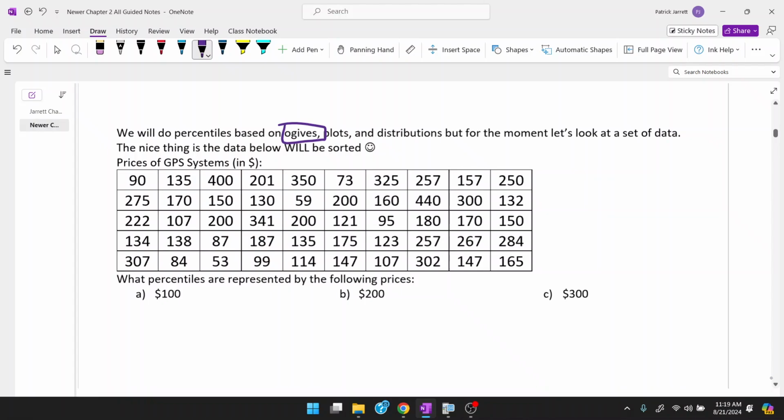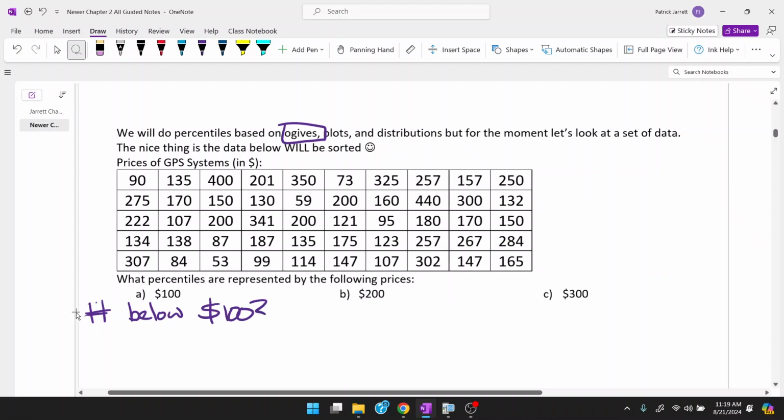So, for the $100 mark, how many are below $100? Well, in the old days, before your graphing calculators, you would have to go in and count that. But we have a calculator that sorted it.